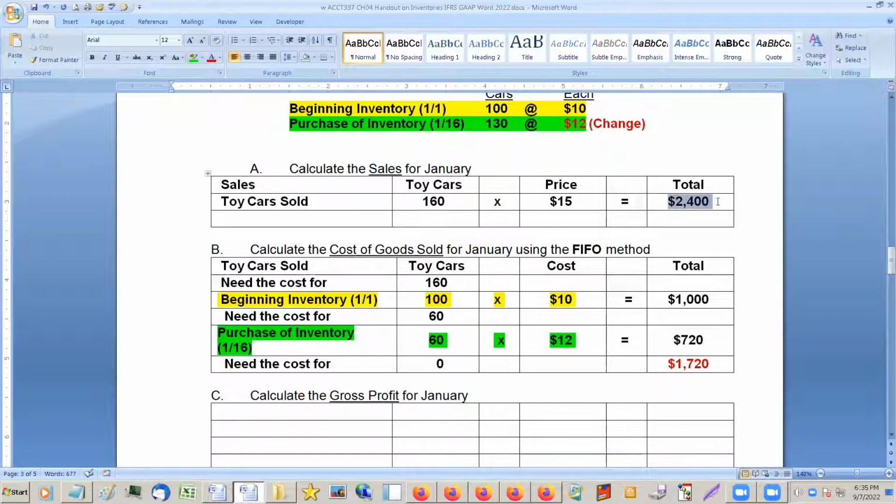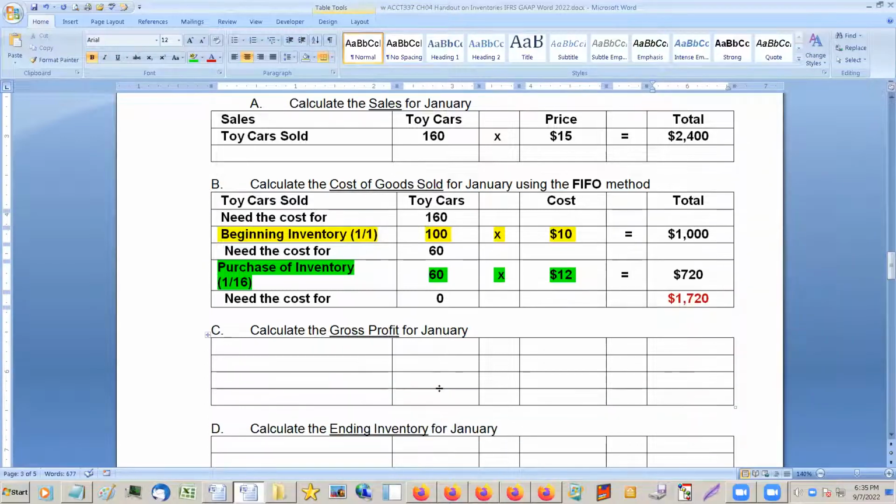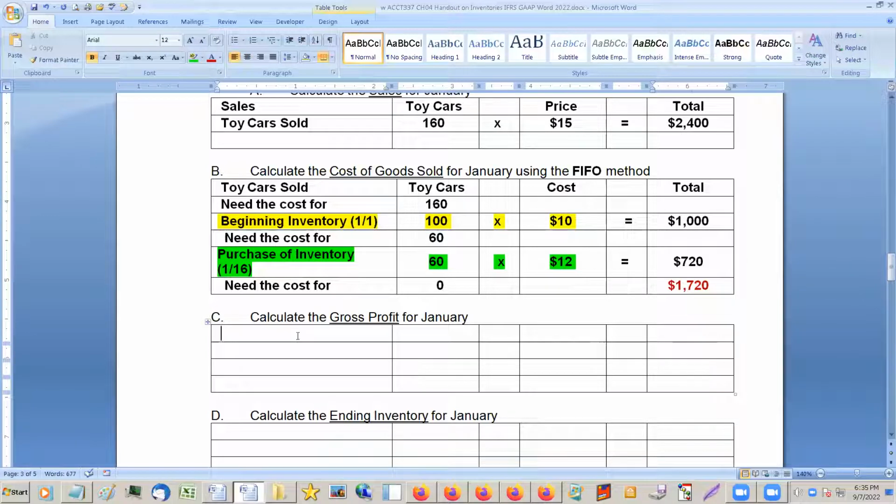So this is what came in, this is what went out. And then we're going to calculate the gross profit for January.